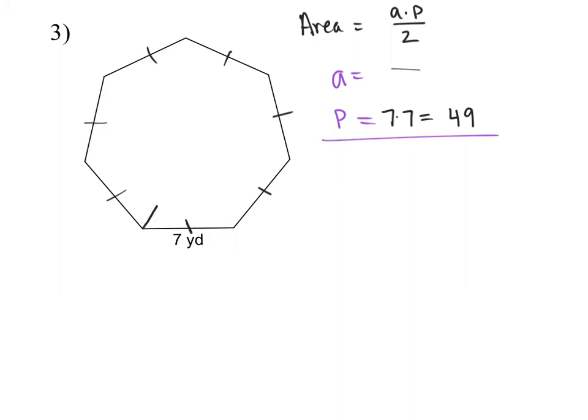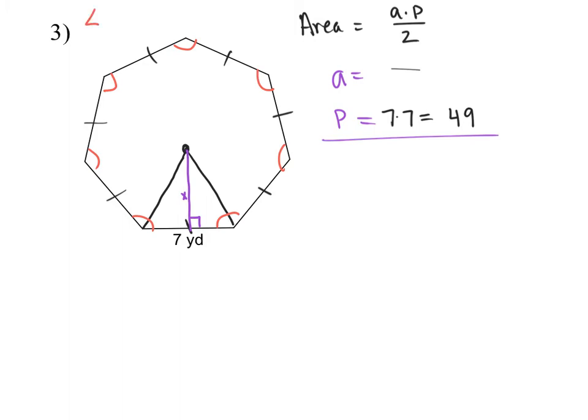Let's remember that the apothem comes from the center of the shape and comes down and meets at a 90-degree angle. So this is what we're trying to find. And once we have that, we have our apothem. We can solve for that using the fact that all of these angles together have to work in that angle sum idea.